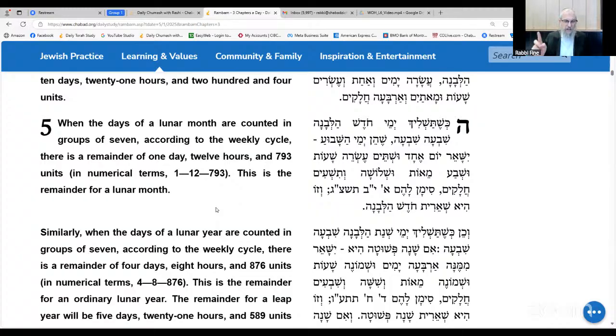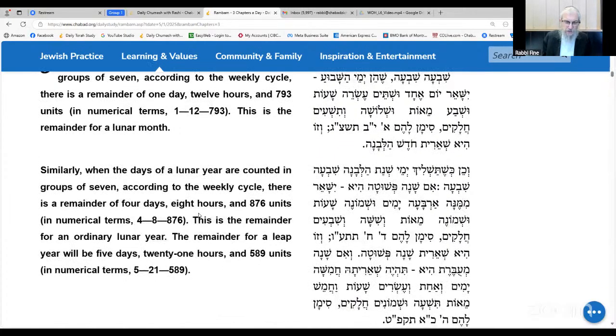But since it's a day and a half, sometimes as it adds up it could be Thursday. In fact, Rosh Chodesh next, May 28th, is a Wednesday. It's going to be 1 day over. That's what he's teaching us here.